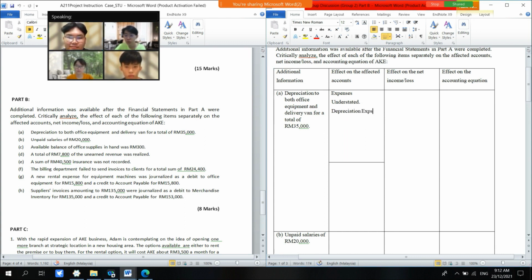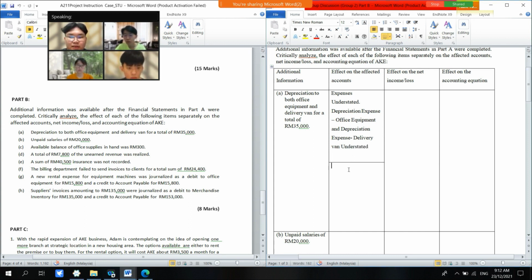Both depreciation expense for office equipment and depreciation expense for delivery van are understated.